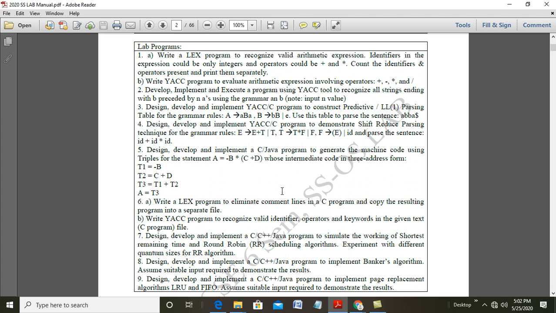And next, the fifth question is: design, develop, and implement a C or Java program. Just identify the question. Either the user can write a C program or a Java program to generate machine code using triples for the statement A equals minus B star C plus D, with its intermediate code representation in 3 address format, right? As we know, when you are representing addressing format and assembler directives, we have the concept of registers, right?